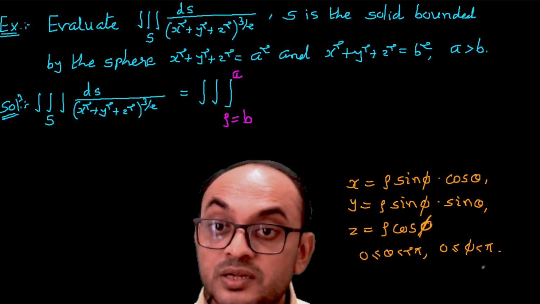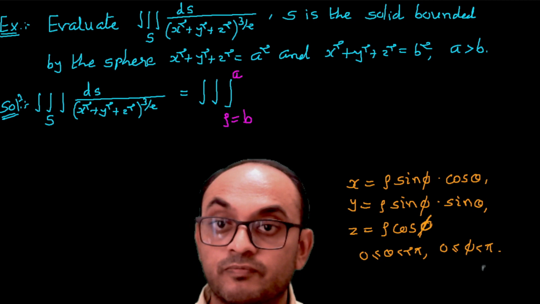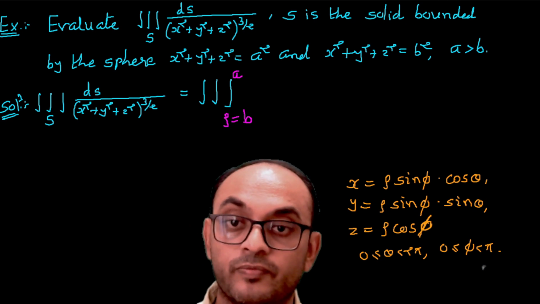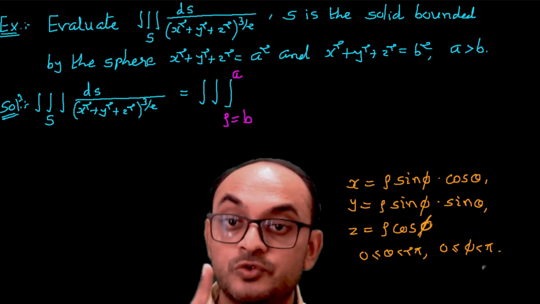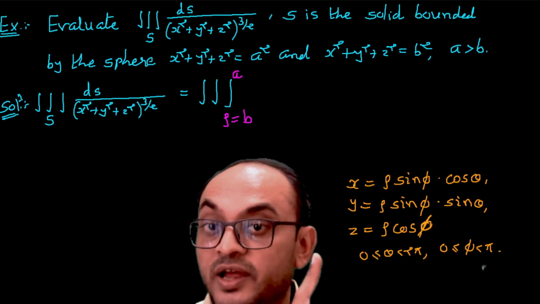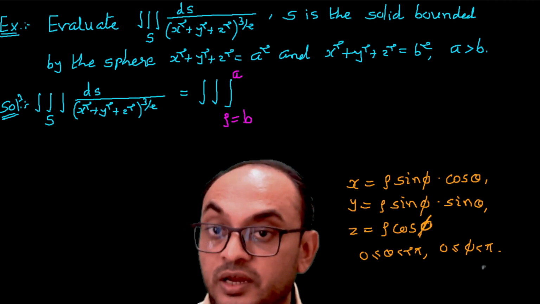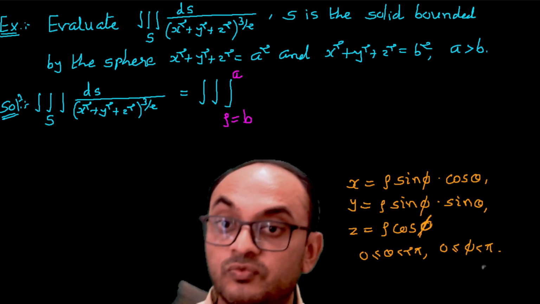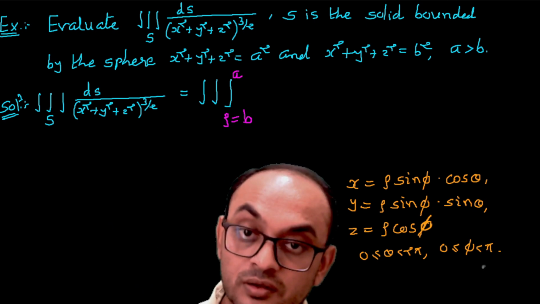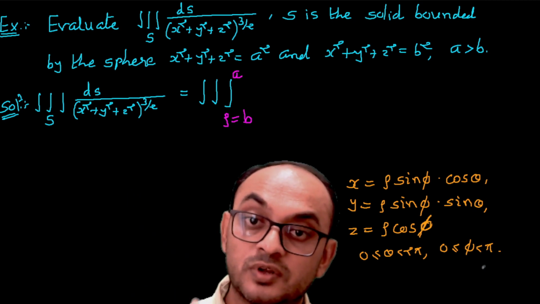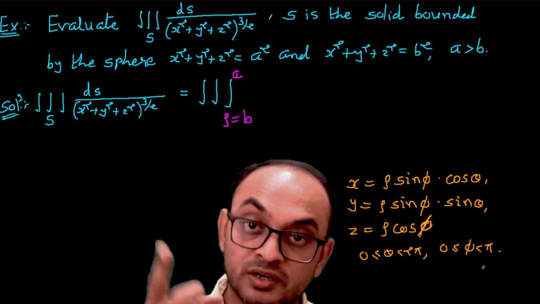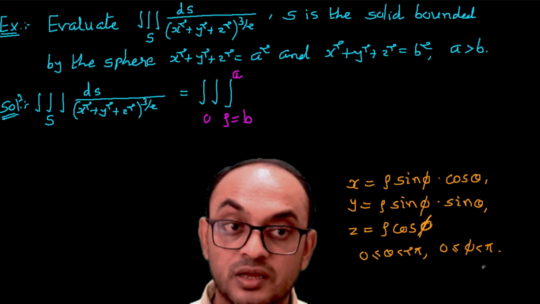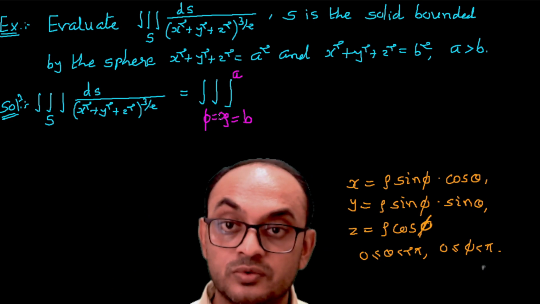What about the others? We have two more variables, phi and theta. What about phi? Phi is the half circle, a half rotation. So here phi is equal to 0 to pi.